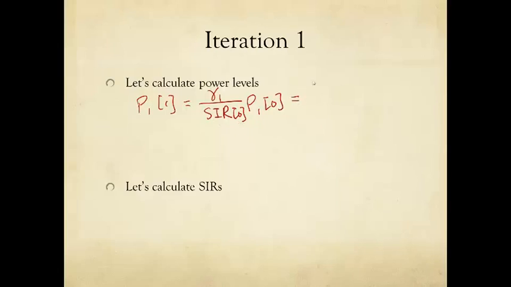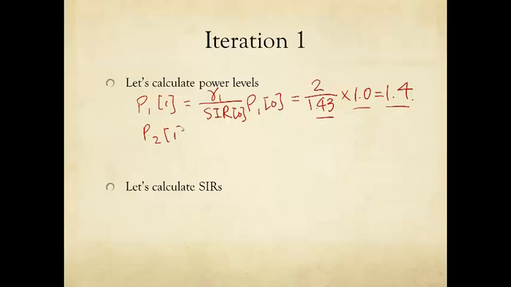This equals 2, your target, over 1.43, what you're currently getting, multiplied by your current power level, 1.0, and that is 1.4. Indeed, now you're going to blast more power than before, because you were not achieving your target SIR.